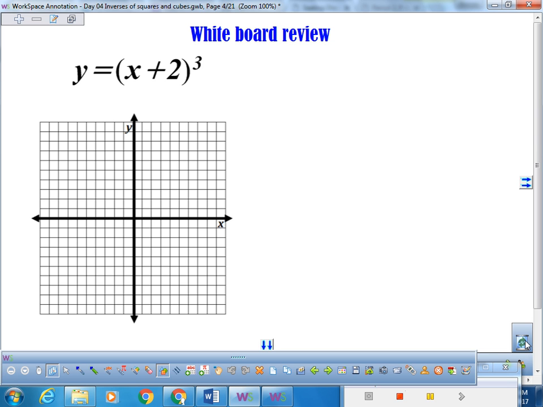Okay, can I see? Can I see back here? Okay, we're at about 75%. 5, 4, 3, 2, 1. So this is to the left 2. Okay, let's get our table of values over here.